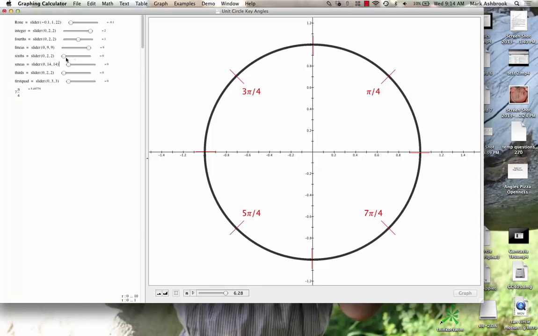Same thing for the sixths. Now you divide up the top half of the circle into 6 equal pieces. We know pi is half of the circle, so we're going to divide that up into 6 equal pieces. You just start counting by pi over 6. 1, 2, 3, 4, 5, 6, 7, 8, 9, 10, 11, 12.